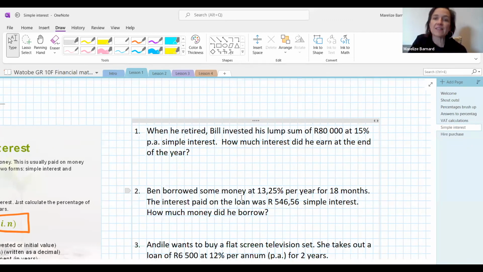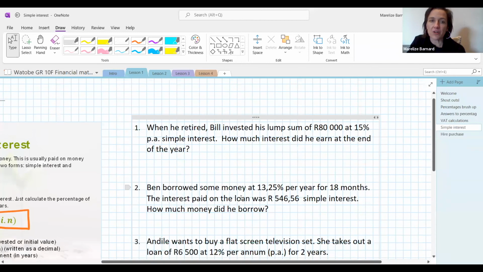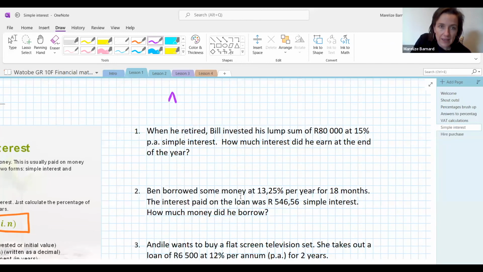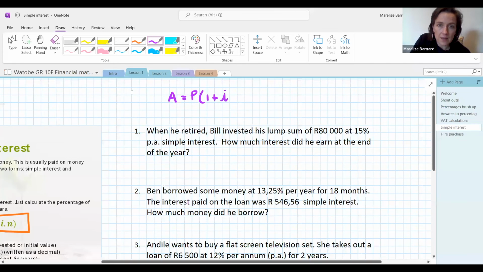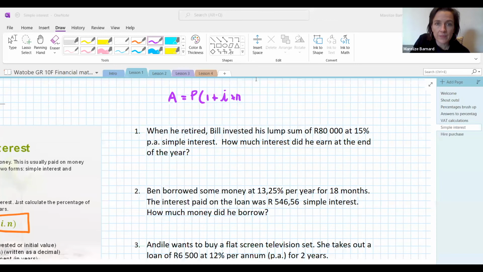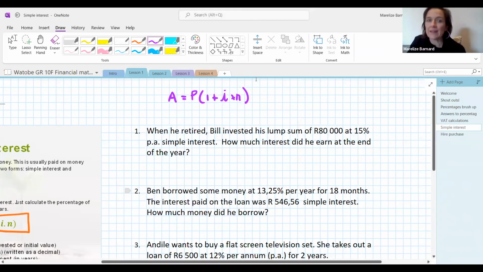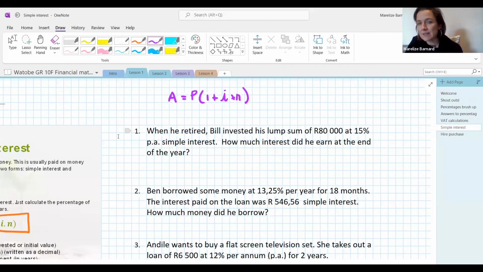Okay, so let's do this one now, and I'll write the formula here again. A is P(1 plus I times N). Okay, let's do the first one together. When he retired, Bill invested his lump sum of 80,000 Rand at 15% per annum simple interest.